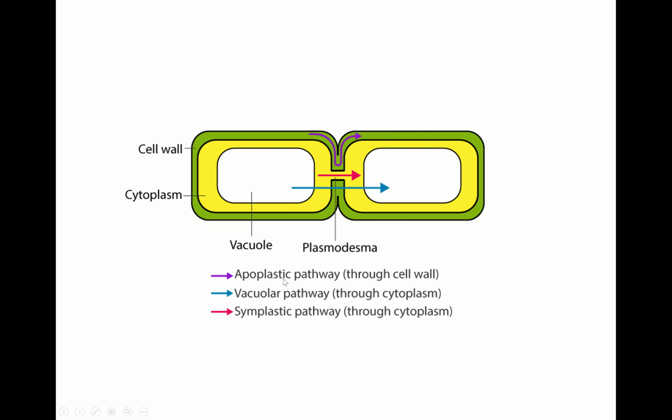Whereas in case of the vacuolar pathway, when the water encounters the endodermis and the Casparian strip is present, as I already discussed, then the plant follows this vacuolar pathway, from the vacuole of one cell to the vacuole of another cell.